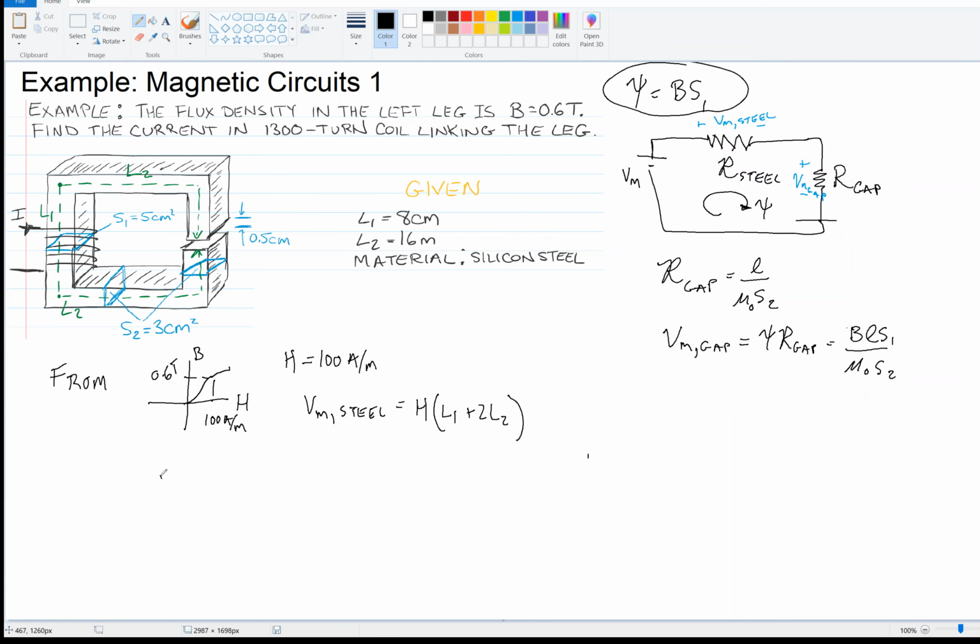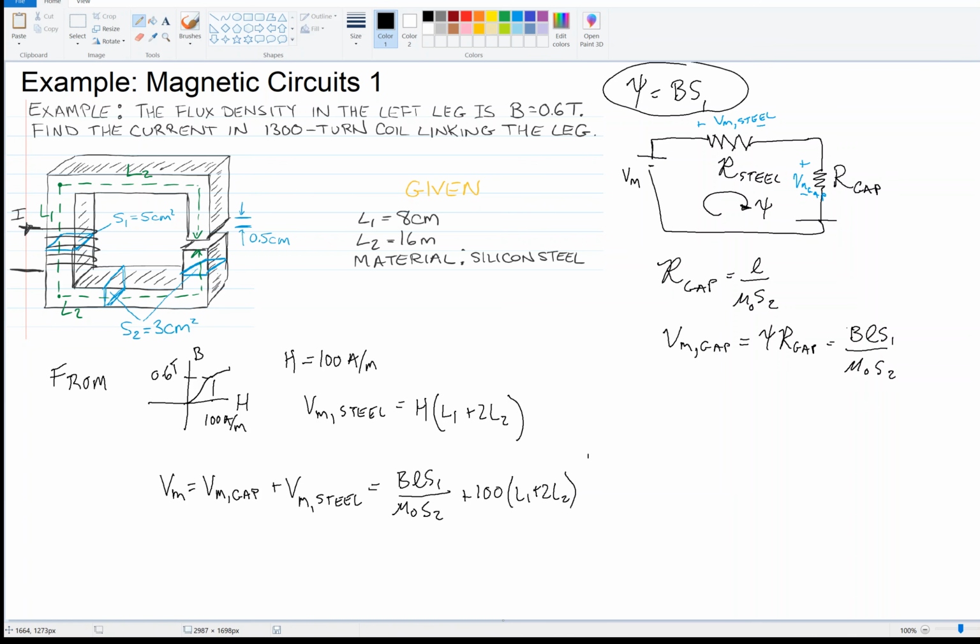So the total magnetic potential, and here's the circuit analysis part, Kirchhoff's voltage law: the total magnetic potential is the sum of those two, the one of the gap plus the one of the steel. The gap was B L S1 over mu 0 S2, and the steel was 100 amps per meter times L1 plus 2L2.